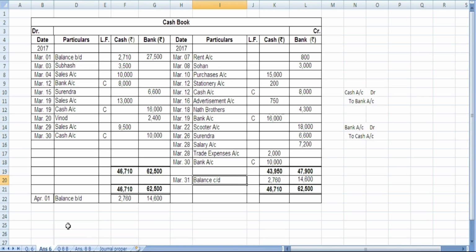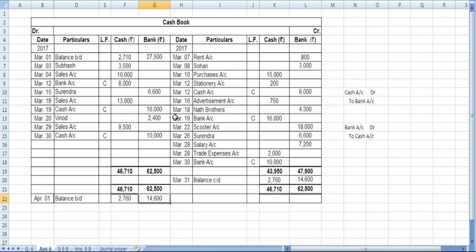Now this closing balance will be the opening balance for the next month. So March 31 balance will be the opening balance for April 1, 2,760 and 14,600. So cash book is a journal as well as a ledger. It is called a journal because it is a book of original entry where the transactions are firstly recorded, and it is in the format of a ledger.